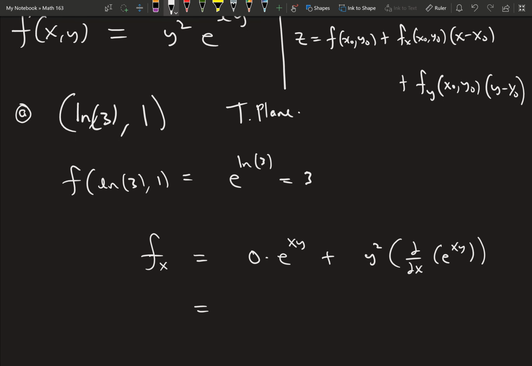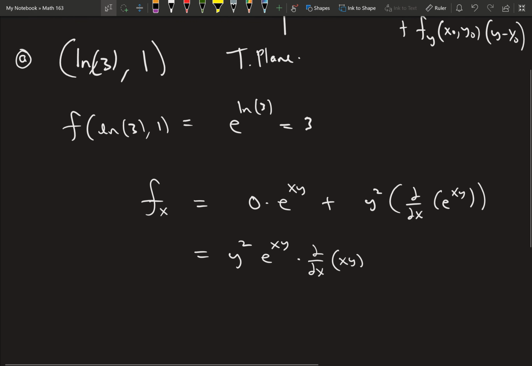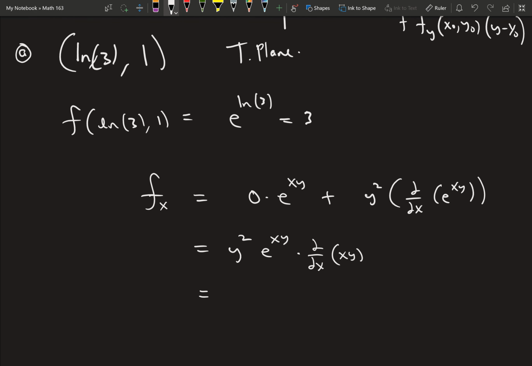So this is equal to y squared times e to the xy times, by the chain rule, the partial with respect to x of xy. We get another y out because y is constant, so we get y cubed e to the xy. So this is our fx.